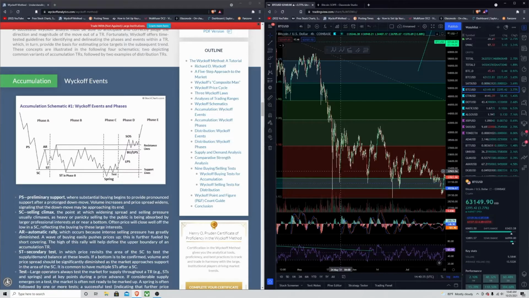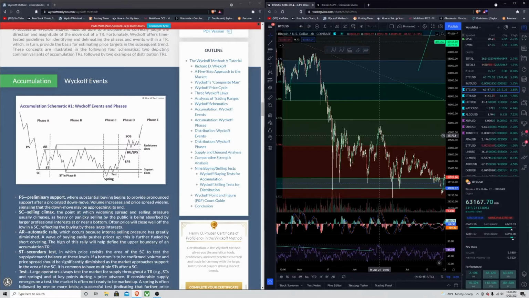So to keep it relatively simple so you can look for these things in an easy and quick manner that you can identify them relatively easily, is that you basically have a few tests of resistance and then a few tests of support.